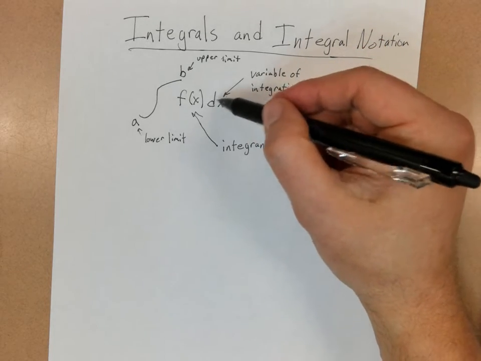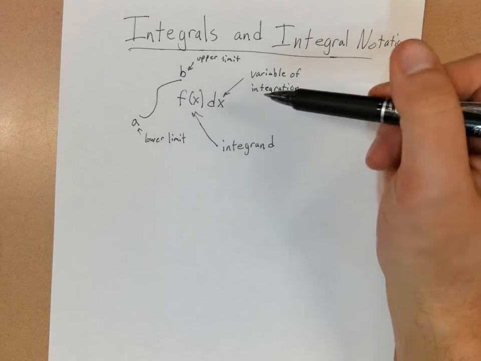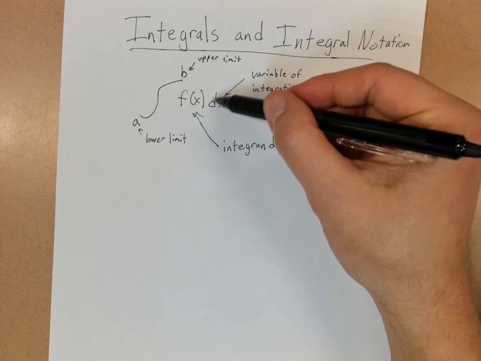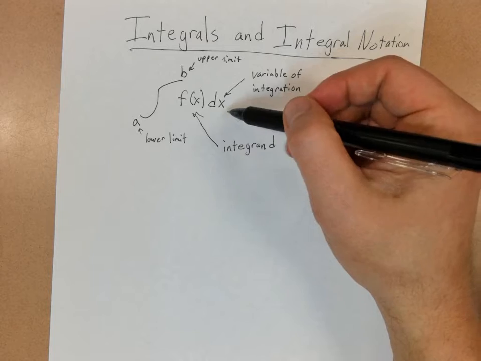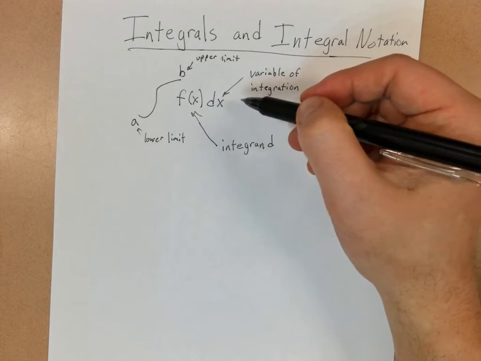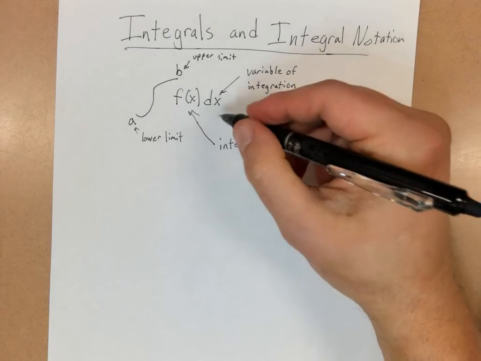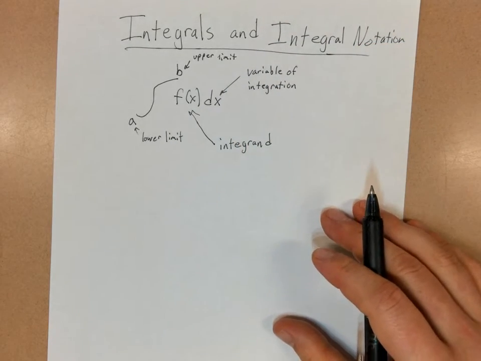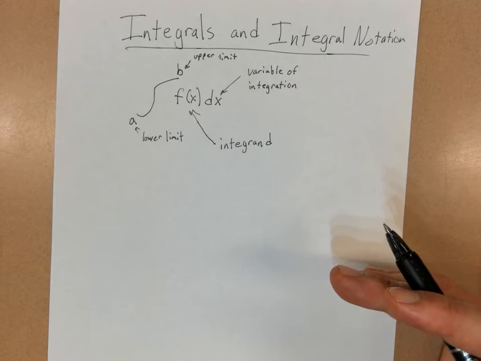It's the same thing with integrals, because we're doing derivatives backwards. You're integrating with respect to x in this instance. So you'll always see a dx, dy, d something, du. You'll see that later on.